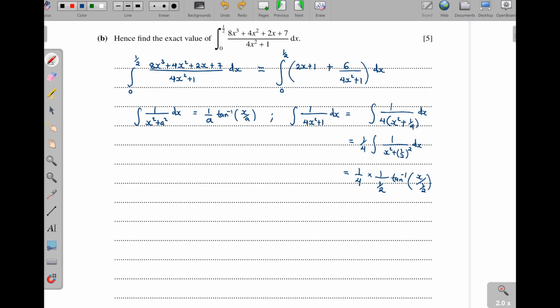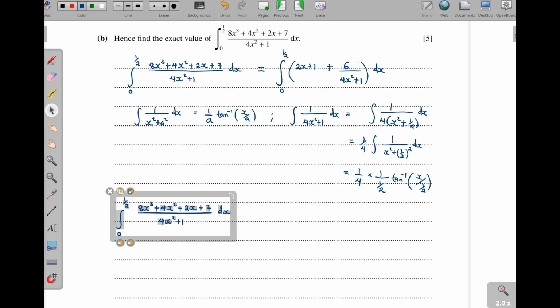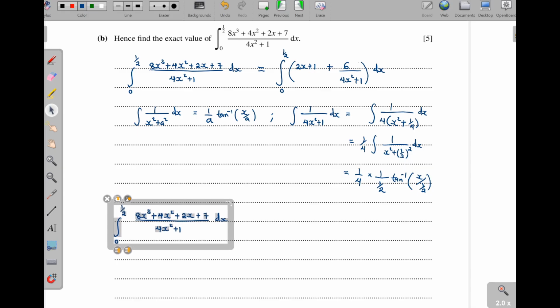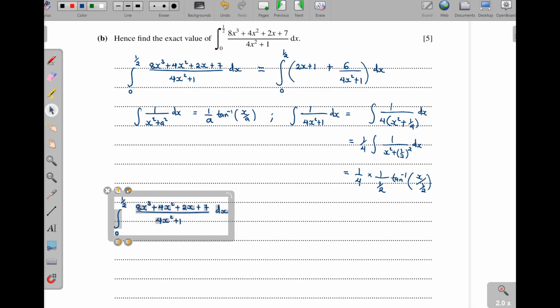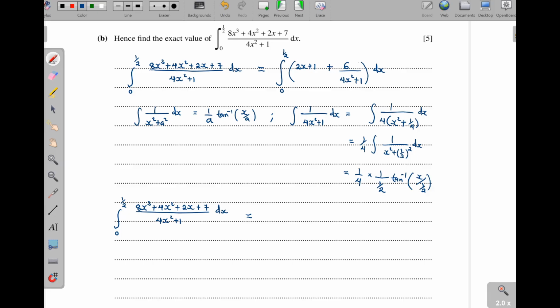Now let's come back to this. So this implies that this integral here, I'm going to just duplicate it and then bring it down here. When you integrate this one, you increase the power by 1, divide by the new power. So 2x squared over 2 becomes x squared, then plus, when you integrate 1 with respect to x, you get an x, not so?